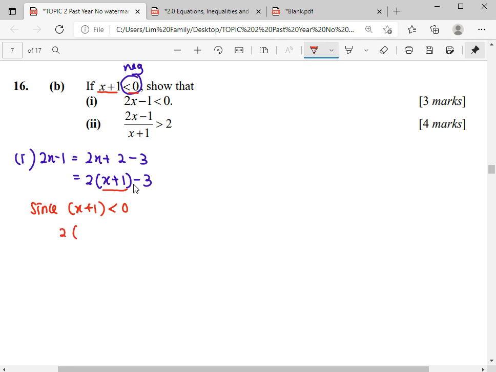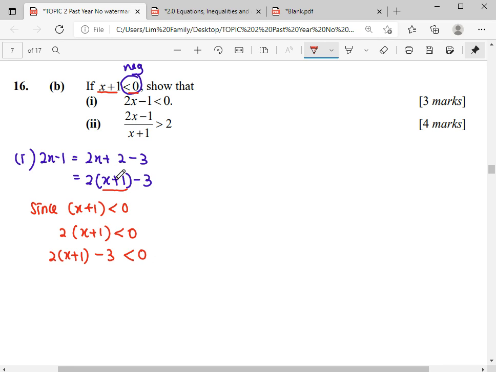When we times 2 to the negative thing, positive times negative, it still has the property of negative. When this part is negative and then it minus some more, it is confirmed always less than 0. So this is how we prove it.